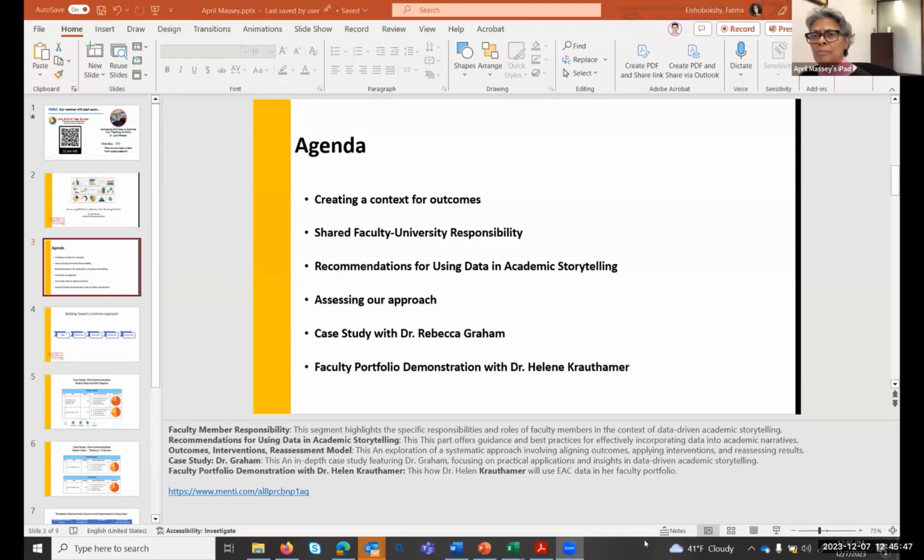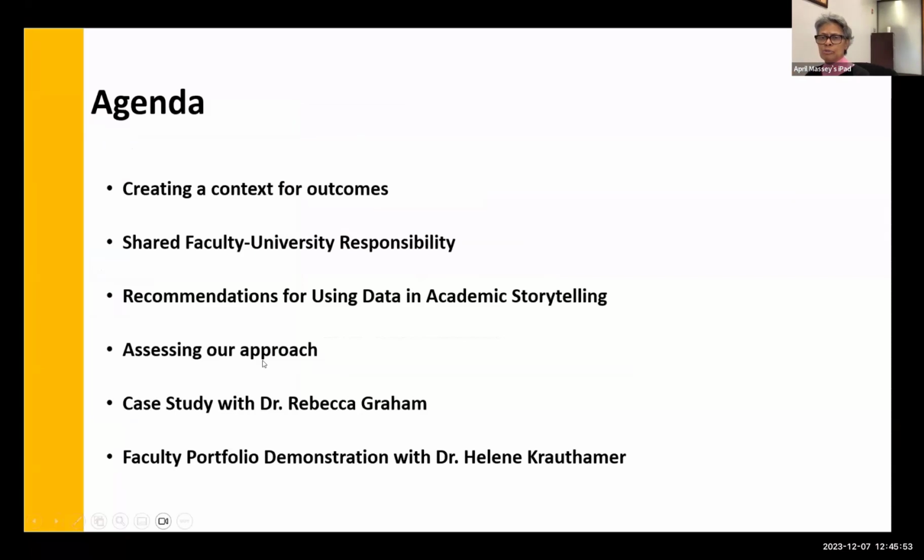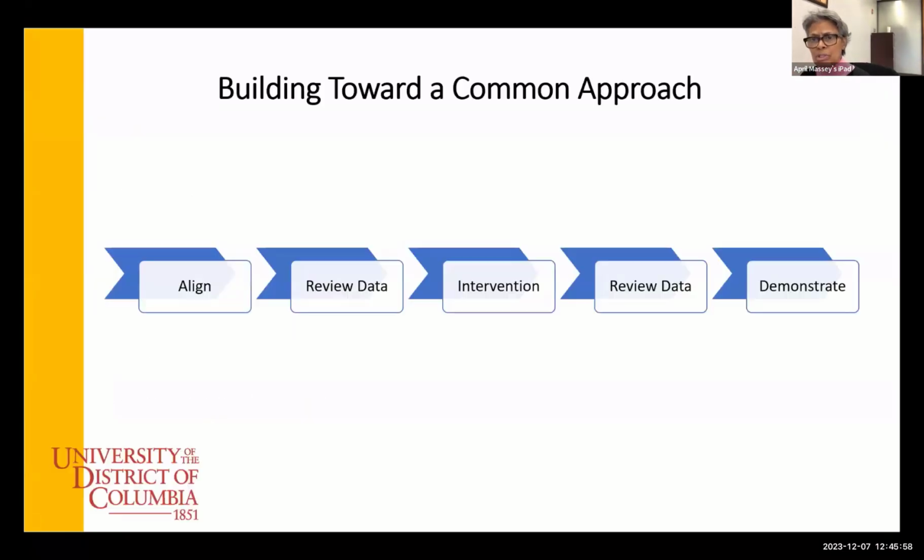So I think that you understand the second bullet in terms of a shared faculty and university responsibility. And I think that on both sides there's some opportunity to really build relationship to help ensure that we're coming to the table together to keep answering the questions.